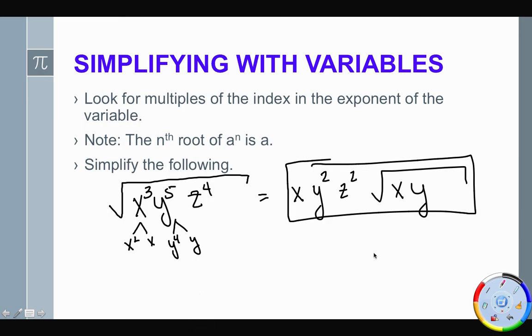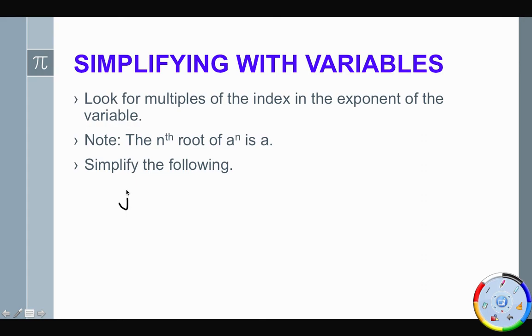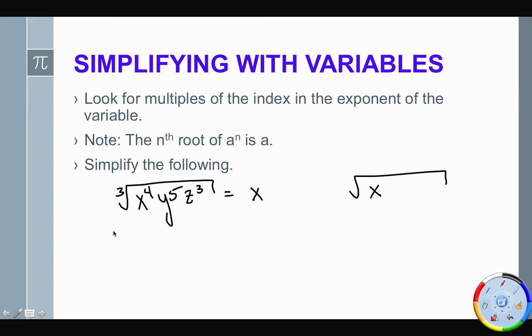And this works for every root. So if we were to do the same thing with the cube root of x to the 4th, y to the 5th, and z to the 3rd. 4 divided by 3 is 1 with 1 remaining. 5 divided by 3 is 1, so y to the 1st, with 2 remaining.